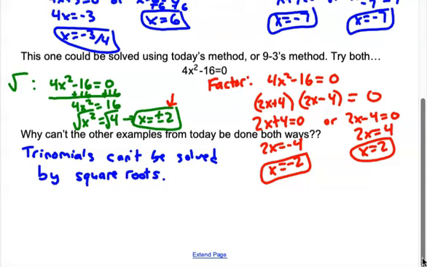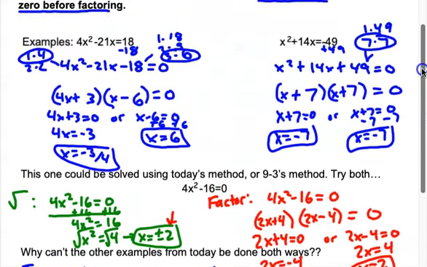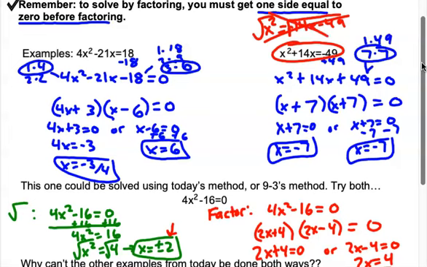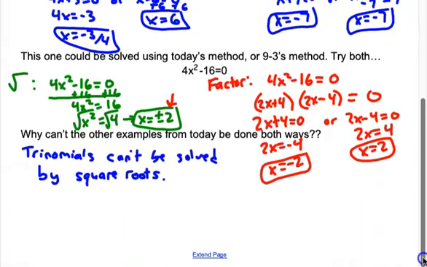Even taking this one up here, you would not be able to solve this one by square roots, because what you need to do is get x squared all by itself. So I would have to subtract the 14x over. But taking the square root of something with an x in it doesn't give me an answer that's possible. So you can't do the square root method for trinomials.